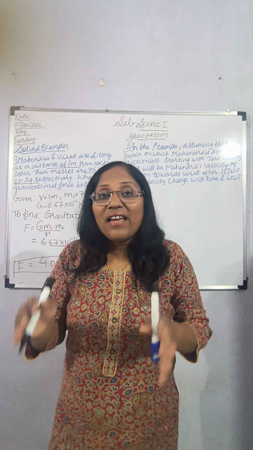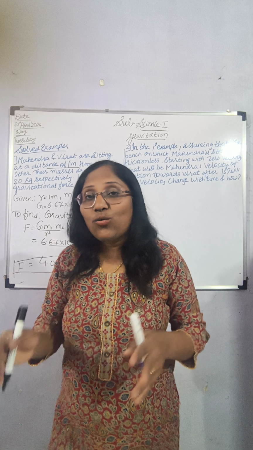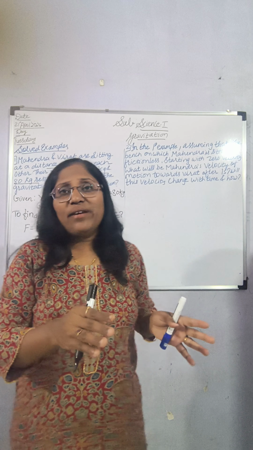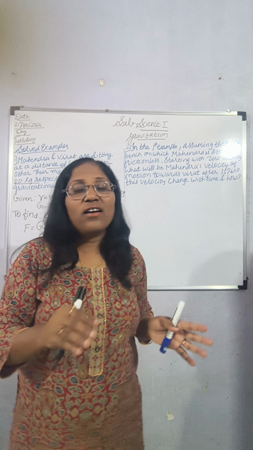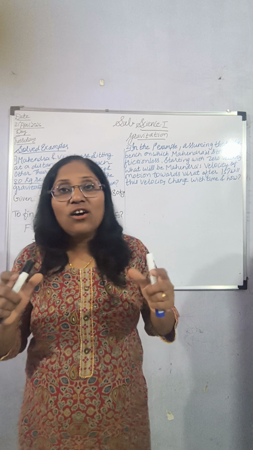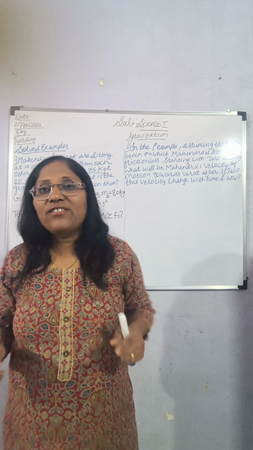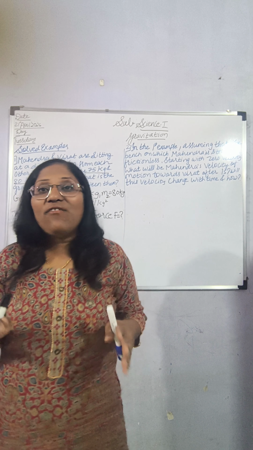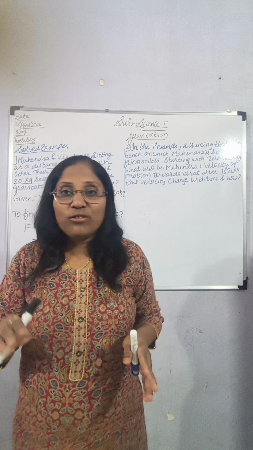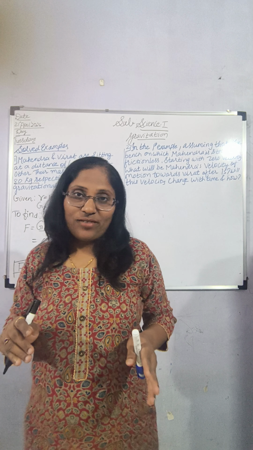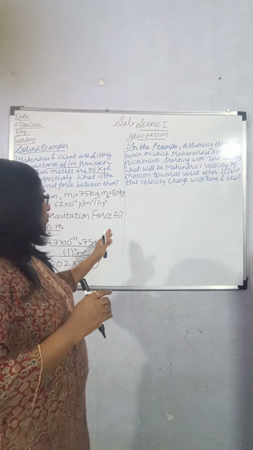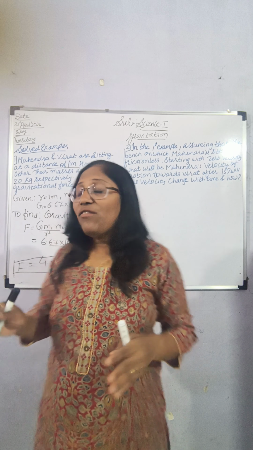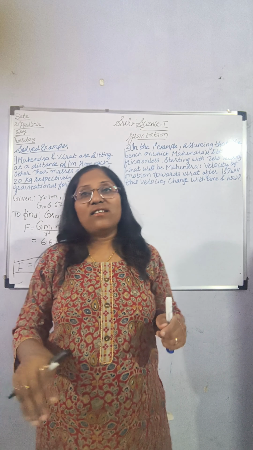He will start moving towards Virat under the action of this force. So we can calculate acceleration and velocity by using Newton's laws of motion. Is it clear? This was the first solved example given in the book. Now we'll look at the second example, which is based on the first solved example only.